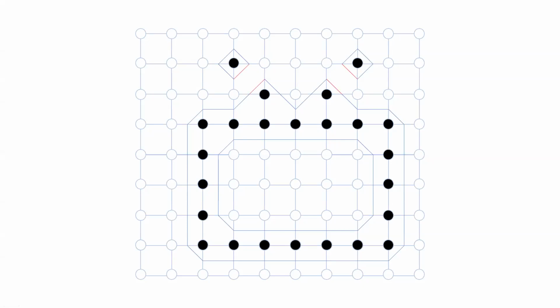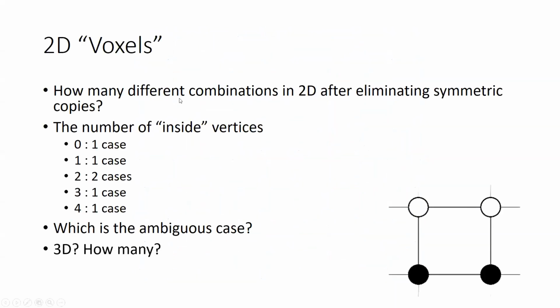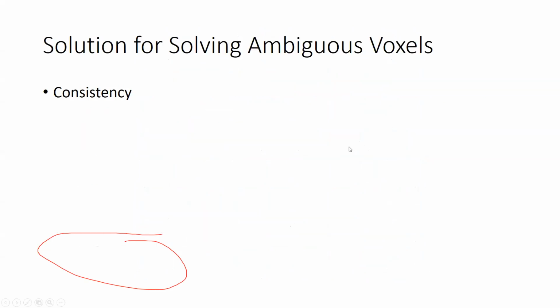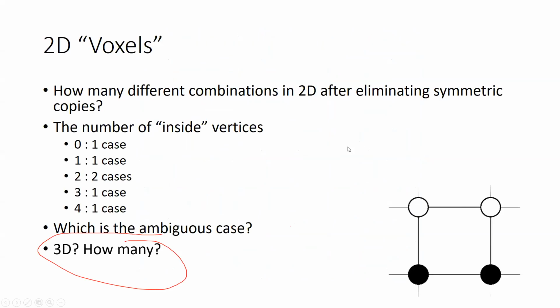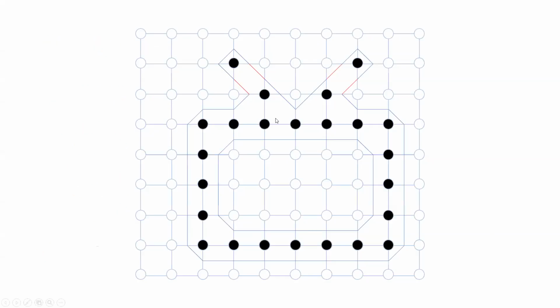Or this one, which is a bit like your TV? So which one is the topology? And the bigger question is 3D, how many of them? 3D will be more ambiguous, even a lot more ambiguous. And you cannot just base it on the configuration here.